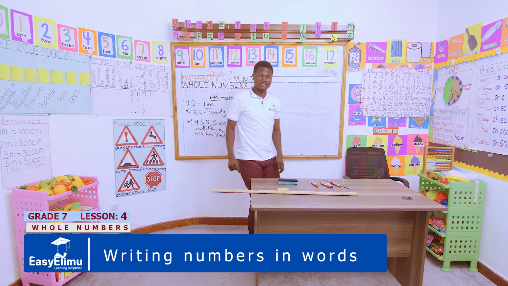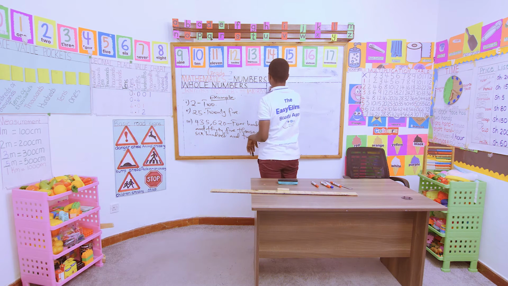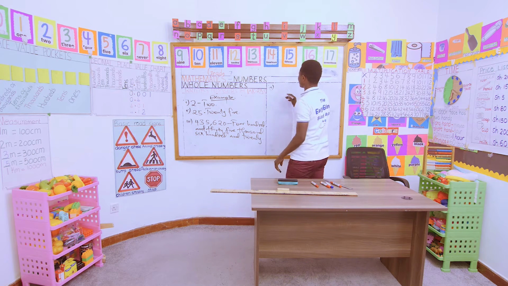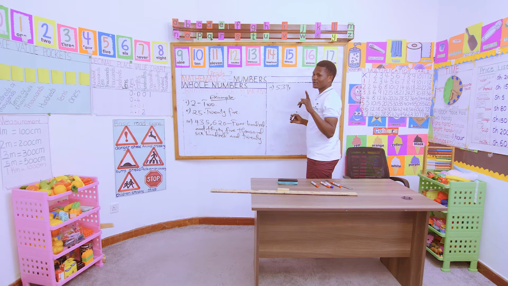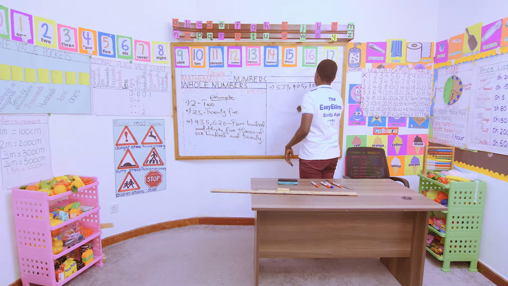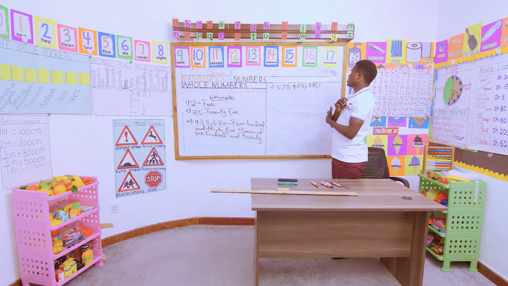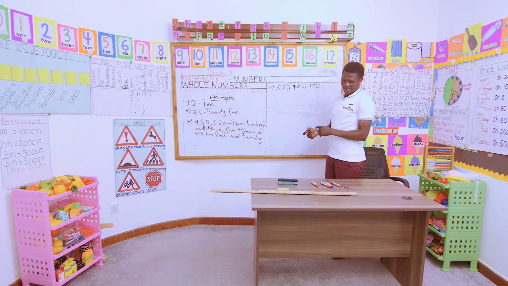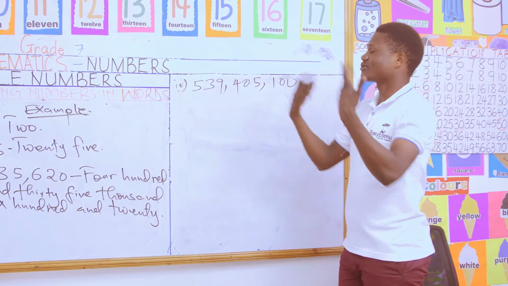So maybe to look at an example that now corresponds to what we are supposed to be doing in grade 7, let's have that as Roman 4. You can be given a number like 539,405,100. I said I won't be reading the number, because if I do that, I'll give you the answer. Assuming this is an amount of money, maybe the salary that you want to earn in future.